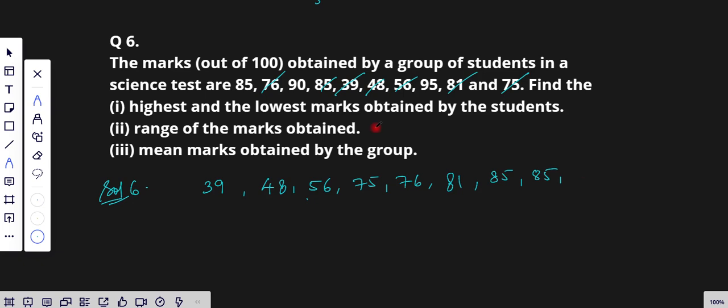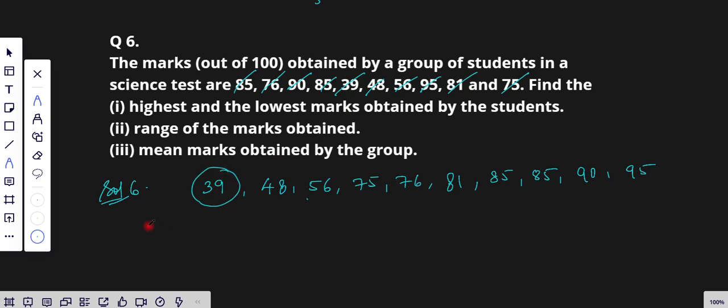So this is 85. The next is 90, then 95. So the lowest and the highest marks obtained by the students, you can easily observe from here that 39 is the minimum.